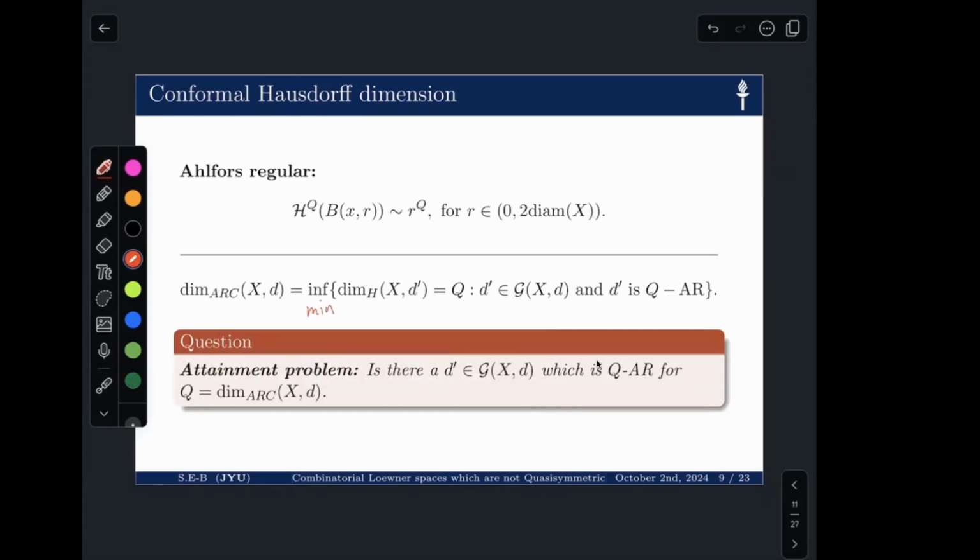Is there a metric that is Q Ahlfors regular with Q equal to the Ahlfors regular conformal dimension? So there always exist metrics that approach it, but perhaps there is some odd degeneration that prevents you from taking a limit, or the limit is actually not a metric anymore, or blows up anyway. Okay, so this is the attainment problem, and this is one way of asking, does there exist a nice metric?